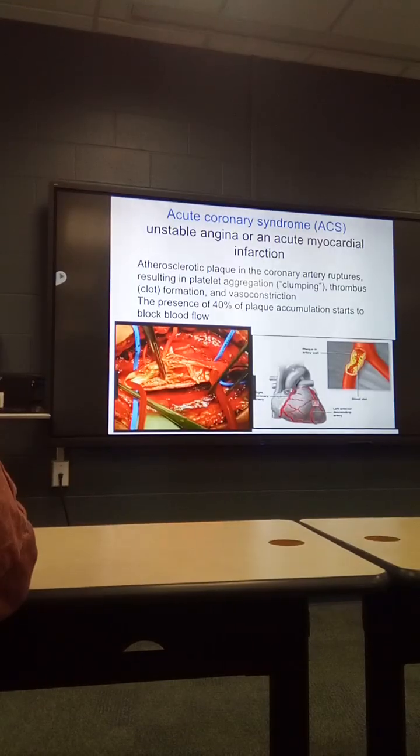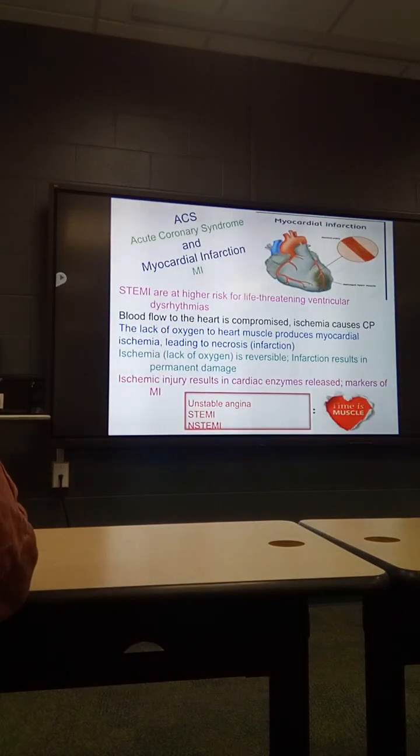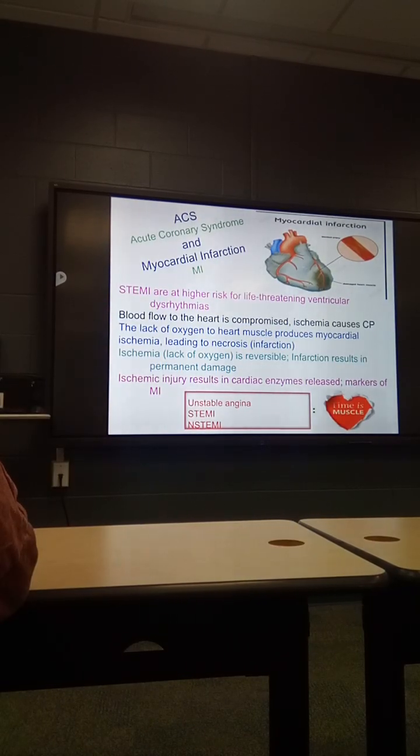You can see a couple of pictures there of what it looks like. With an MI, myocardial infarction, there's a difference between a STEMI and a non-STEMI. A STEMI means that there's ST elevation on the EKG, and I have a picture of that in a little bit.